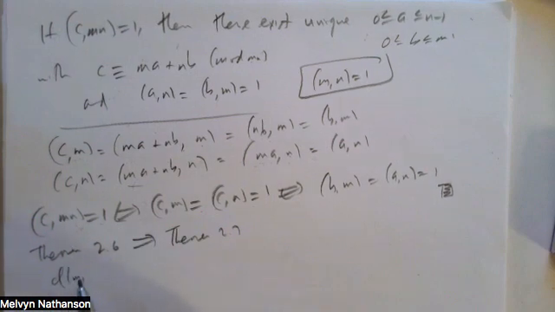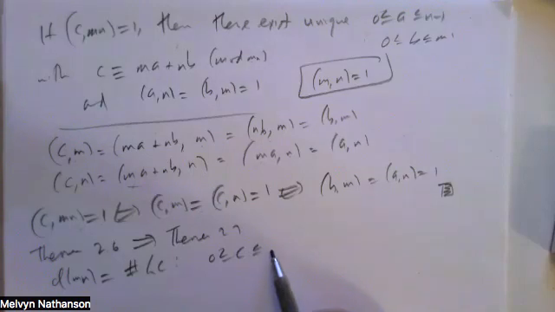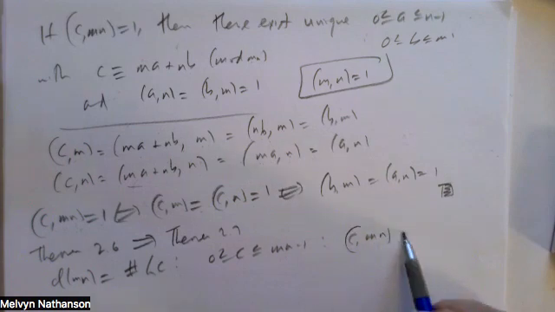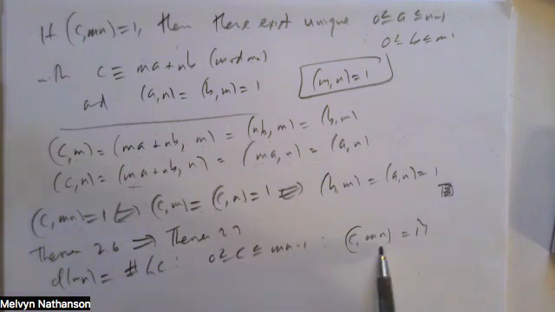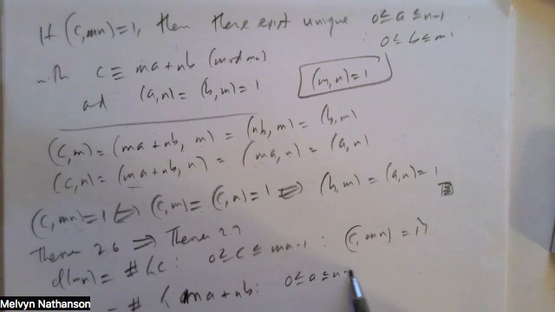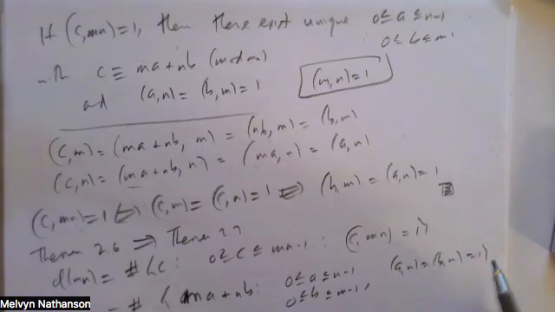So phi of MN is the number of C that are relatively prime to M and N. But every such C can be written as MA plus NB, where A is between 0 and N minus 1, B is between 0 and M minus 1, and AN equals BM equals 1.